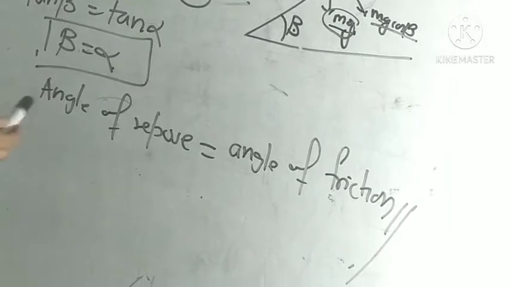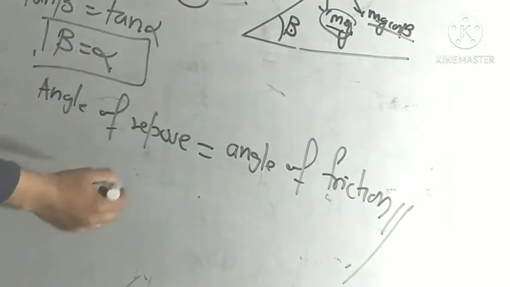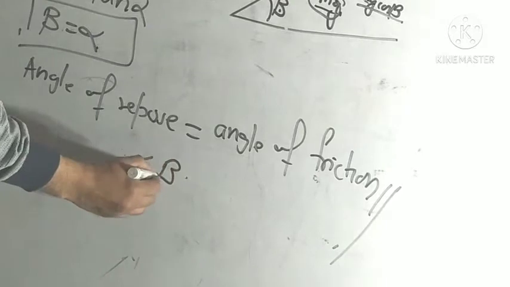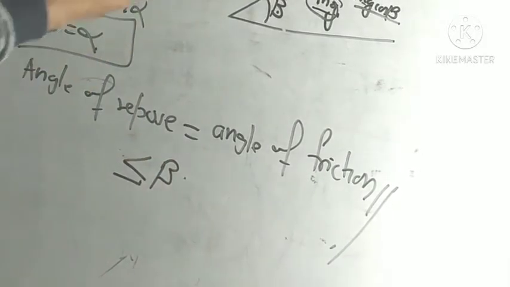I mean if the angle of inclination of the plane is less than or equal to beta, then the block placed on this plane will remain at rest.